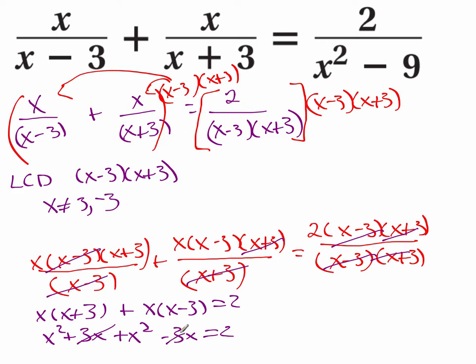The 3x's go away, so I get 2x squared is 2. Running out of room here. Come up here. So x squared is 1, so x is plus or minus 1. It's not one of my restricted numbers, so I'm good. If I had room, I would check.